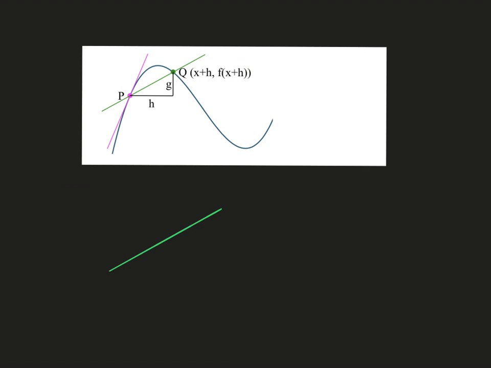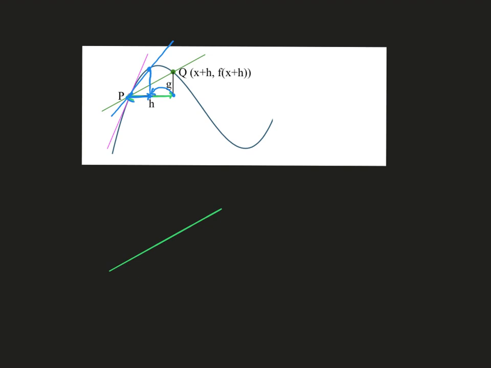So if we decreased h, for example, instead of h being this green line over here, what would happen if we decreased h to, let's say, this distance? So the point would shift from here to here, and the point would come over here. So this green line would now become something like this, right?